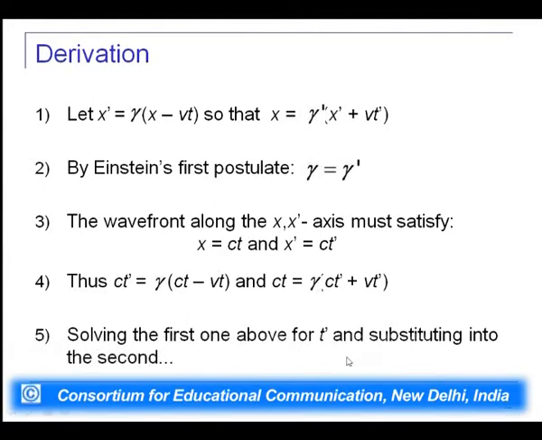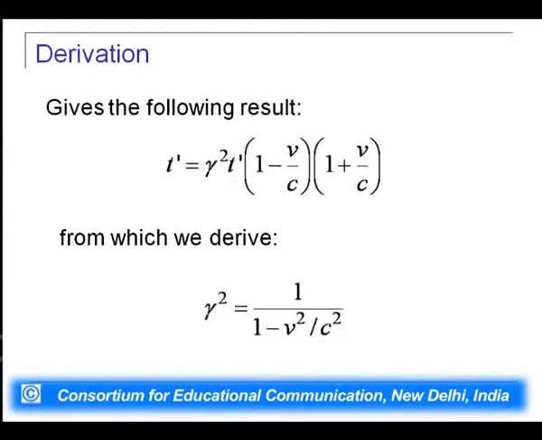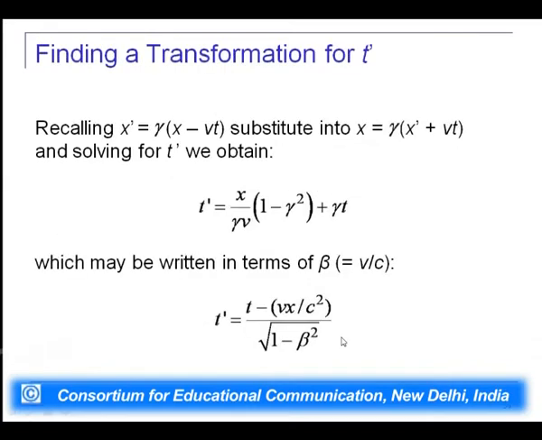Solving the first one above for t dash and substituting in the second, we have the following result: t dash is equal to gamma square t dash times 1 minus v by c times 1 plus v by c, from which we derive gamma square: t dash will be cancelled, and we have only one result, which is 1 by 1 minus v square by c square.